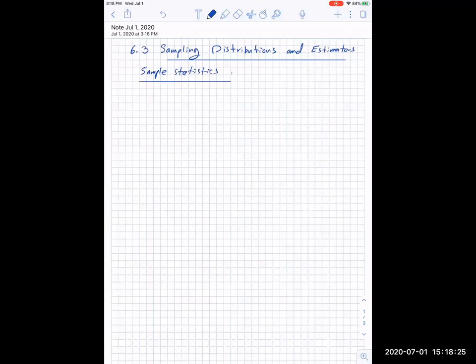And these sample statistics, the first one, obviously the most important one, is the sample mean. Number two, the sample variance.